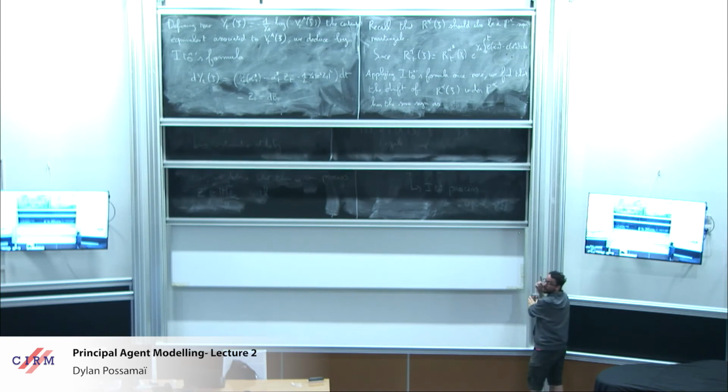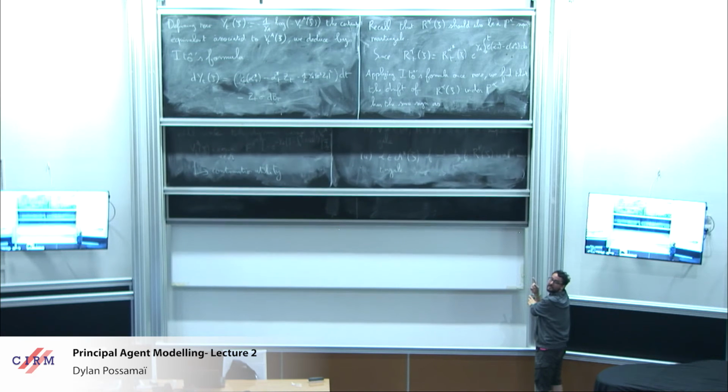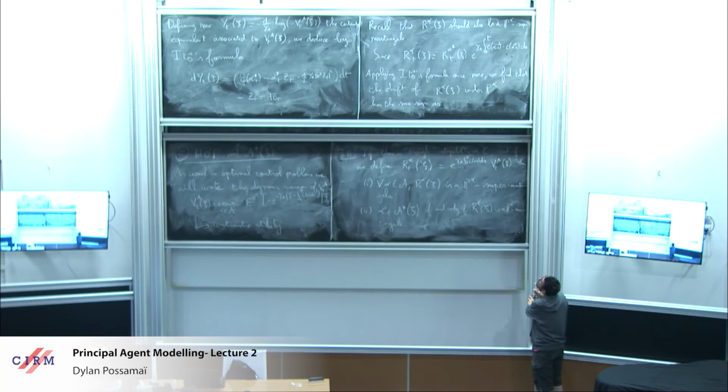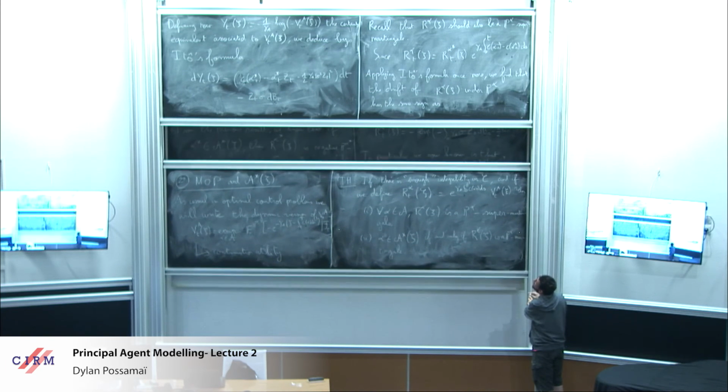So again, I'm going to use the super Martingale property. So the only thing that matters for me is that the drift has the correct sign. I don't need to know exactly what it is, I just need to know the sign.